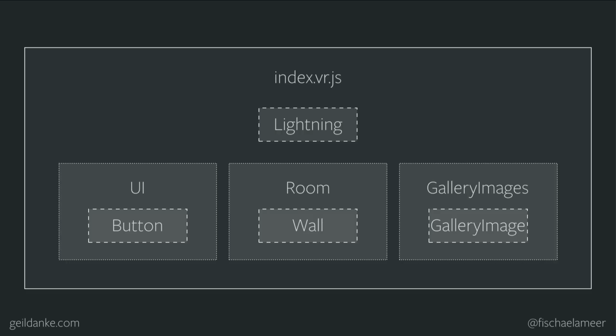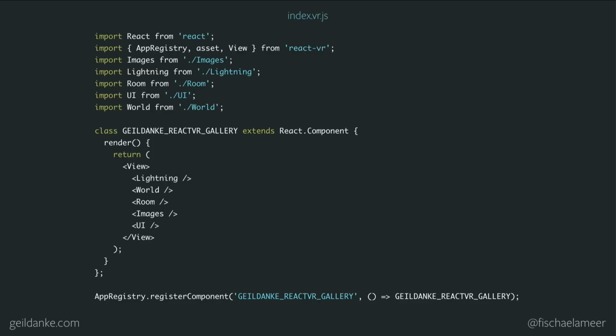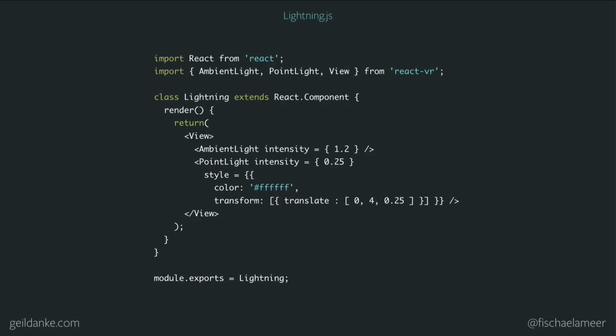So we'll start with a look at the index.vr.js file here. Like before, we first import the components and then render it with the JSX code that basically reflects the hierarchy I've just shown.